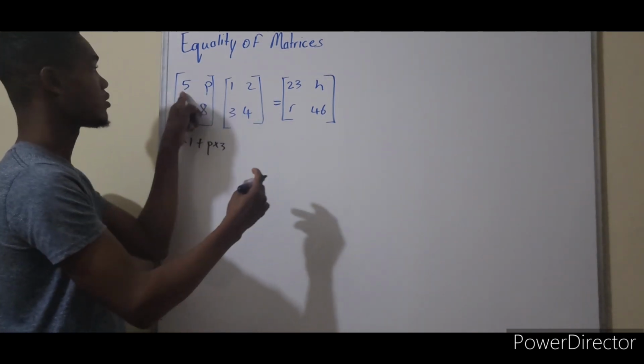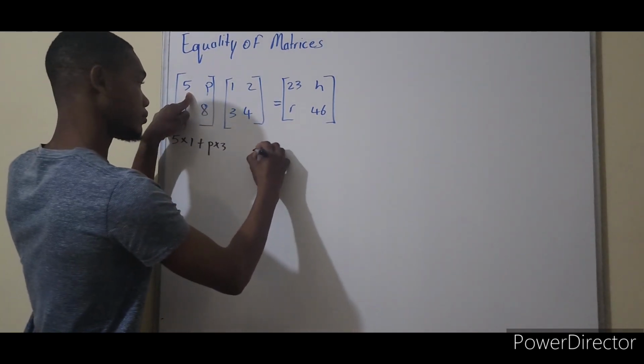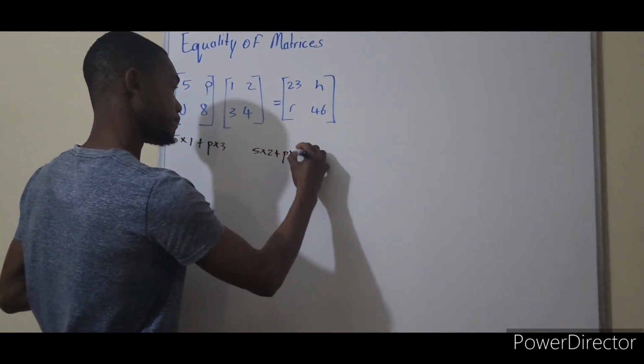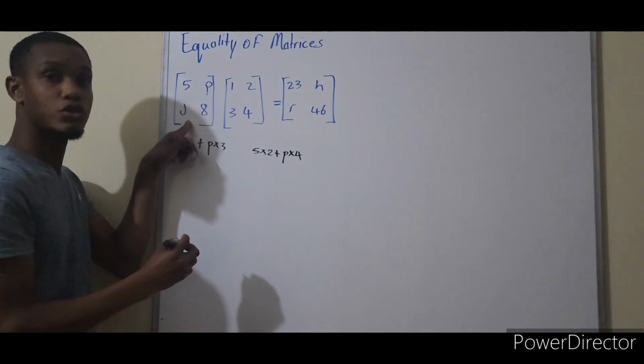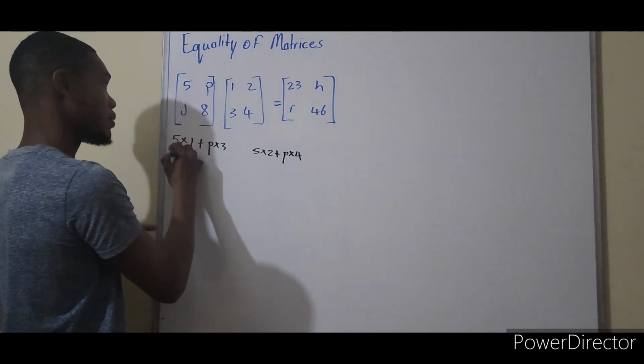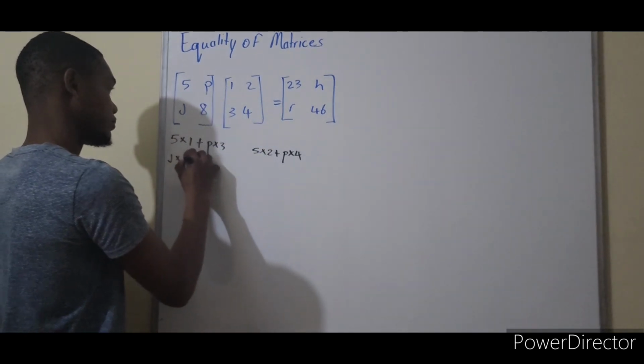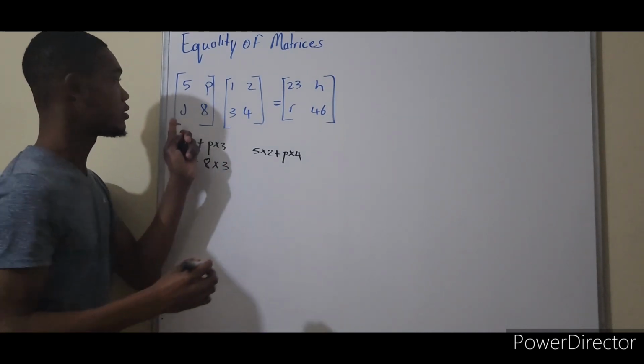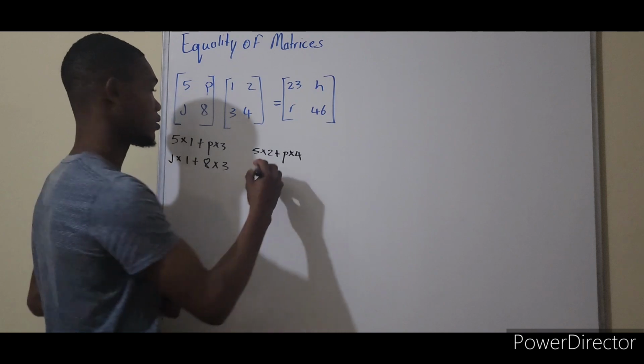Then you come across the first row again by the second column. Then you go to the second row and repeat the process with the first column. And then you do the same thing for the second row with the second column.